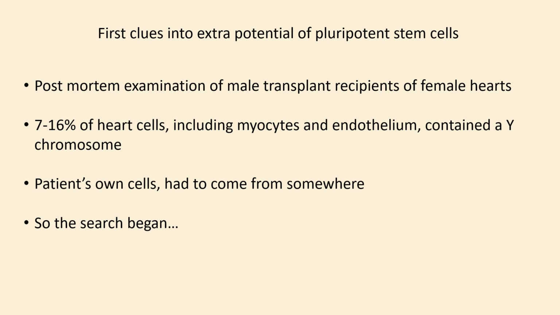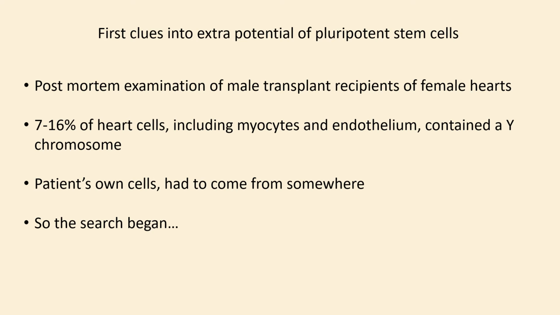And one neat early piece of research that gave us, the body of science, the first clue that these pluripotent stem cells had more flexibility than just being able to become the formed elements came from a study that involved men who had received donor hearts. They were all heart transplant recipients, and each of these men went on to finish his life.